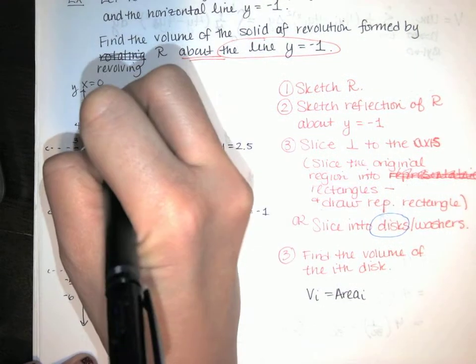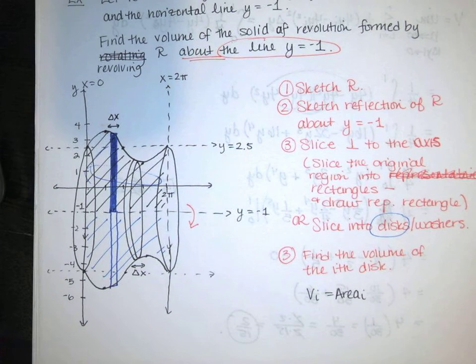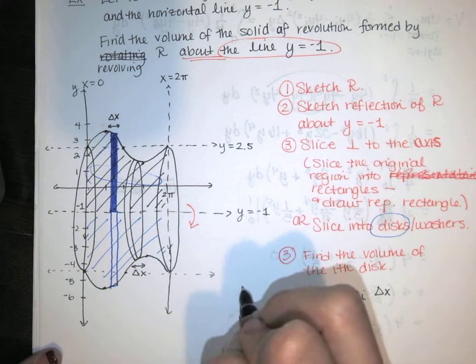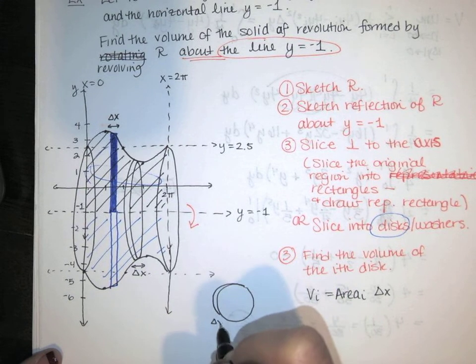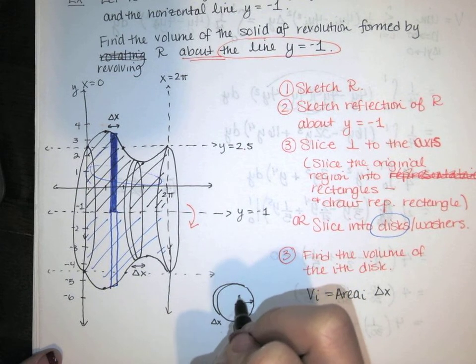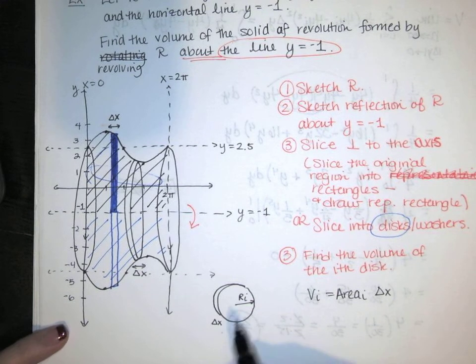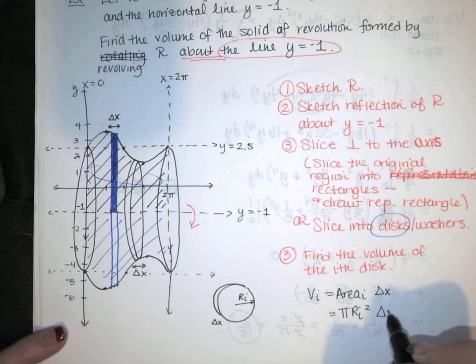Or if you want, you could look at this representative rectangle and you could say the width of the representative rectangle is delta x. So it's area times delta x. And here's my picture. Looks like this. The area of a disk is just the area of a circle, so that's pi r squared times delta x.